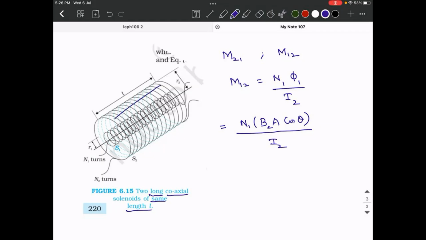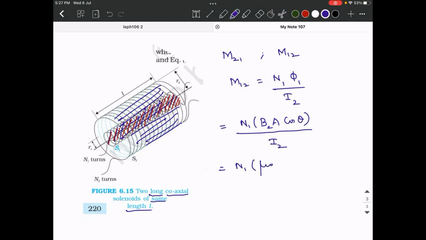So B2 is everywhere, but I'm concerned about the flux through the first coil. So I will take only this area into consideration. Can I do that? N1 into, what is the value of B2, guys?